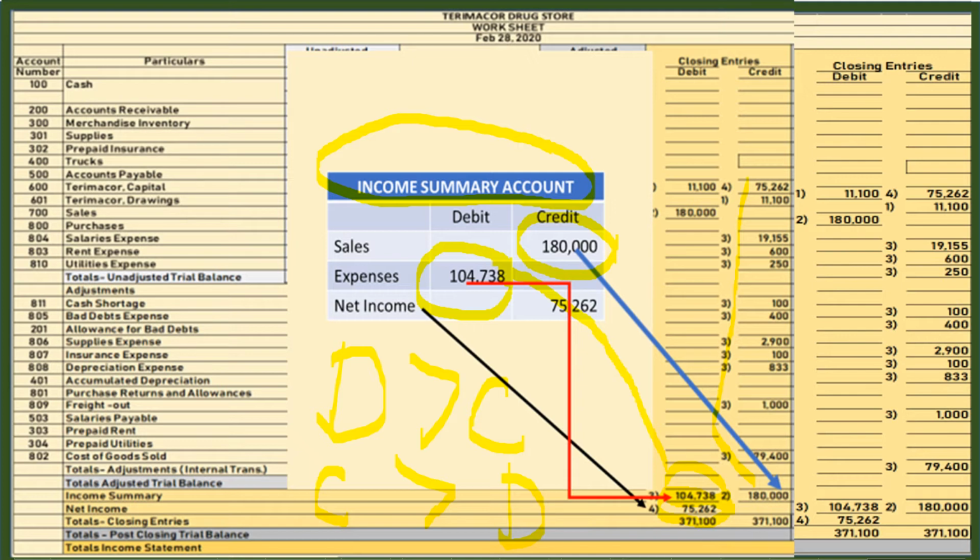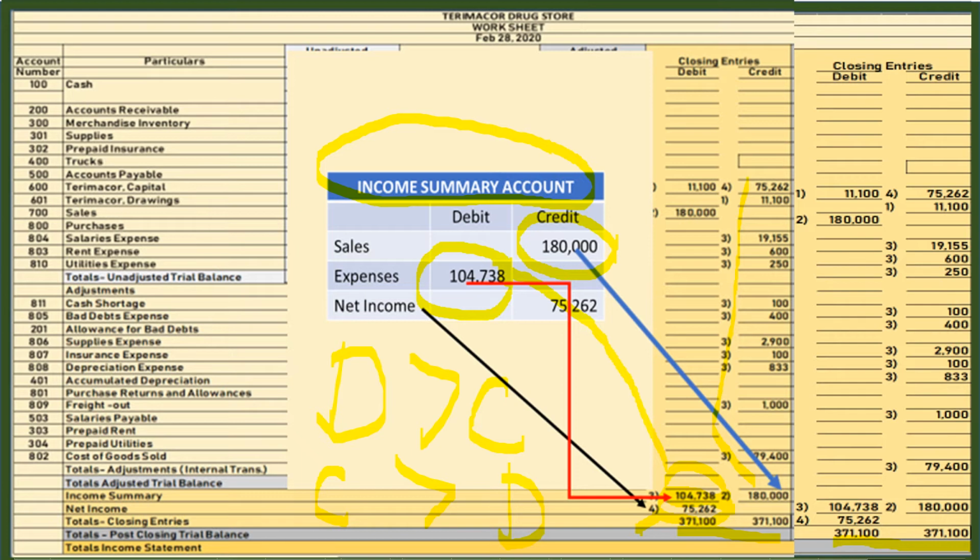It was just placed here on the debit side for the purpose of balancing the accounts, meaning you have to present the accounts in a balanced format. That's how we do that in accounting. Like this one, the closing entries, we present this in a balanced format. Therefore, we put the difference on the lighter side.